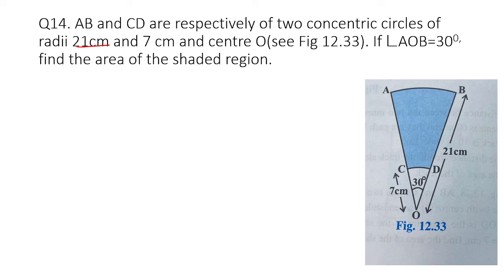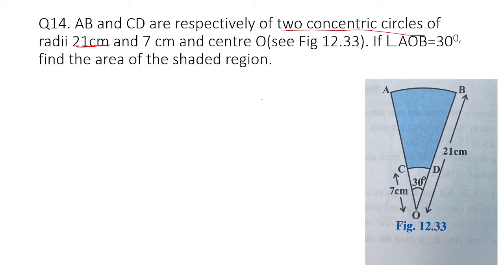We have one radius which is OB, that is AB. Let me just clarify. See, AB and CD are two concentric circles.